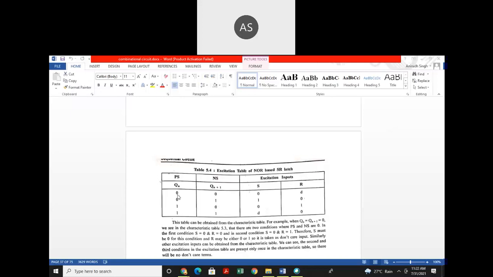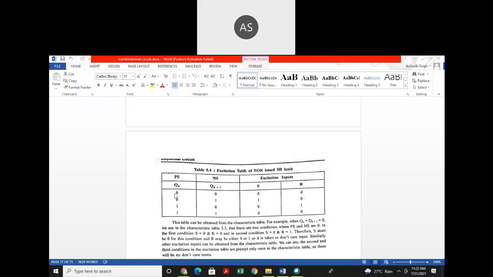If present state is 0, next state is 0, means there is no change in state. It means that S and R both are 0. But if present state is 0, next state is also 0, it means Q is 0, Q bar is 1. This is also reset state. In reset state, S is 0, R is 1.